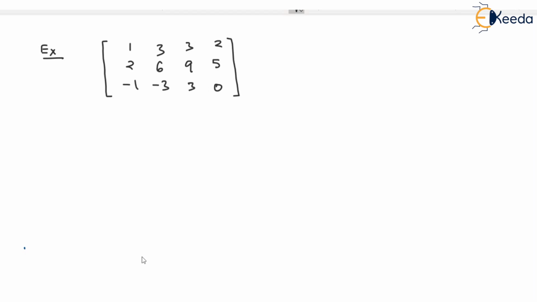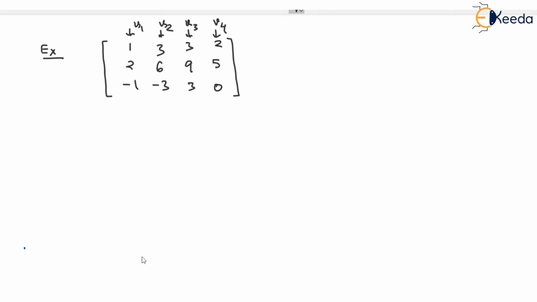So this column first, column second, column third, column fourth. Let's say these are the vectors v1, v2, v3 and v4. So we have got this four set of vectors with three elements in each of it, or three components in each of it.